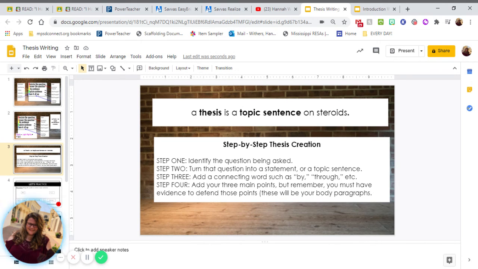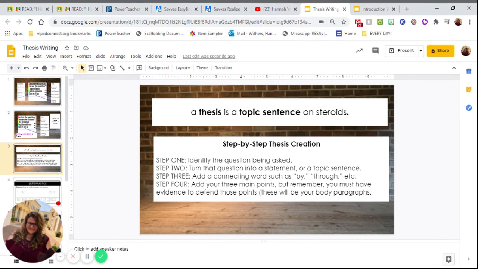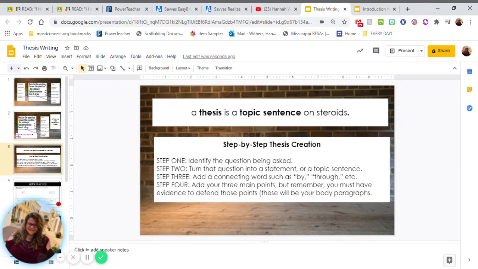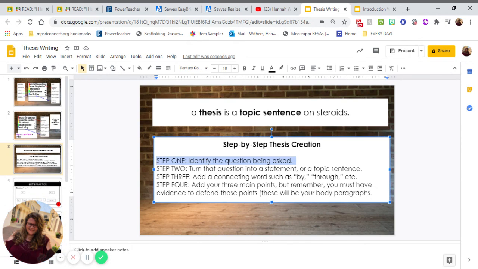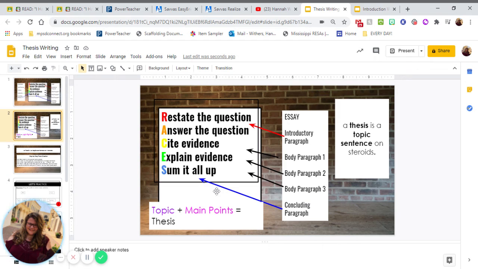A thesis is very important, and they get more complex the more you become a more advanced writer. But right now, in English 1, when we are learning to be better writers, we're going to use the most simple thesis, and that's this method right here. So identify the question, turn it into a statement, add a connecting word like by or through, and then add your 3 points. It is just as simple as topic plus main points.